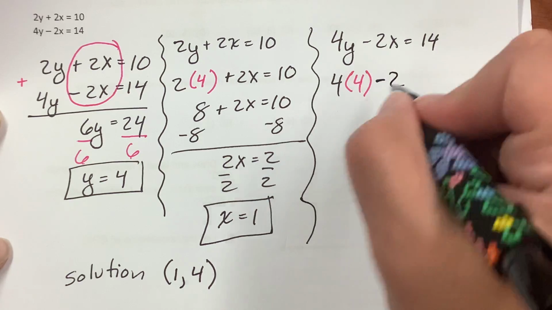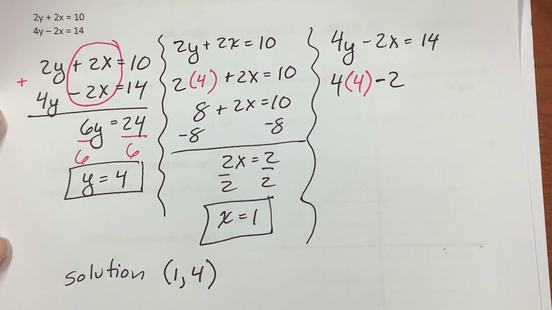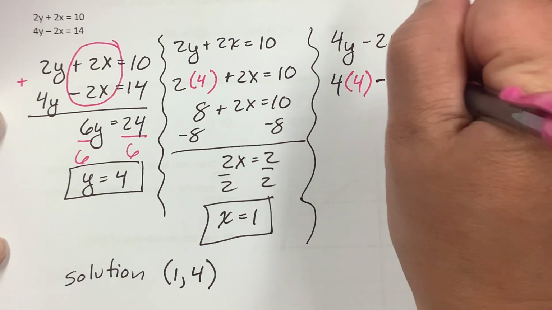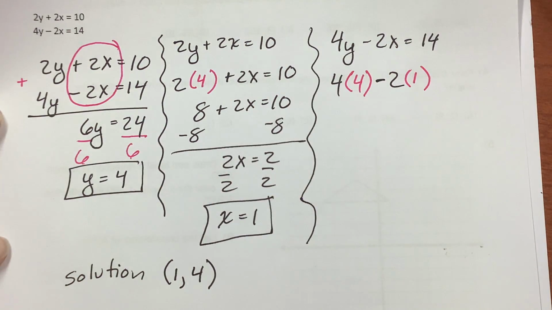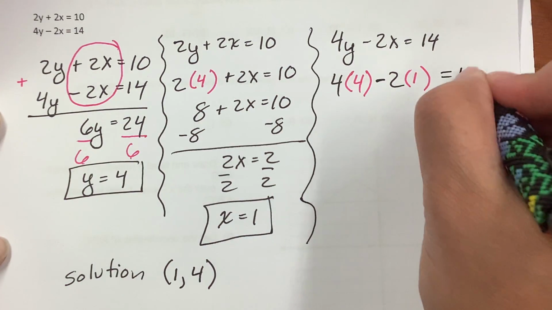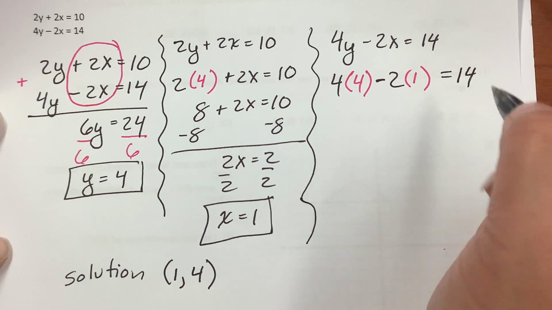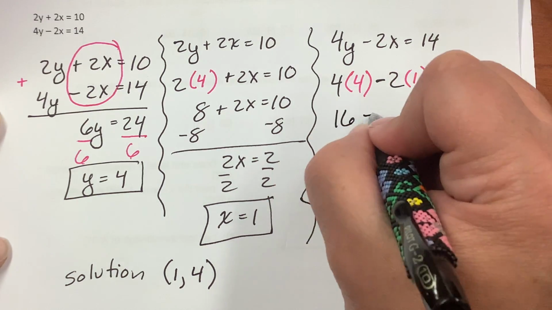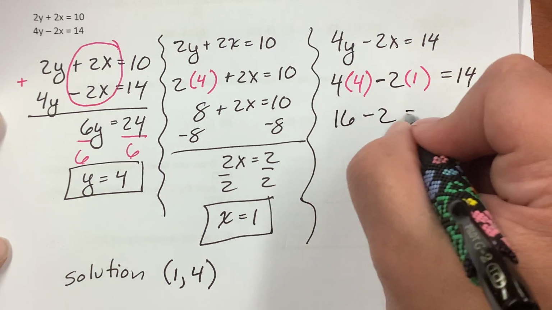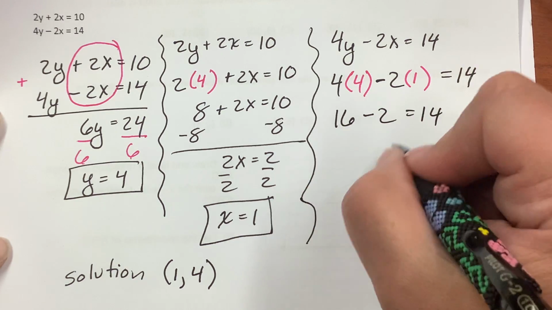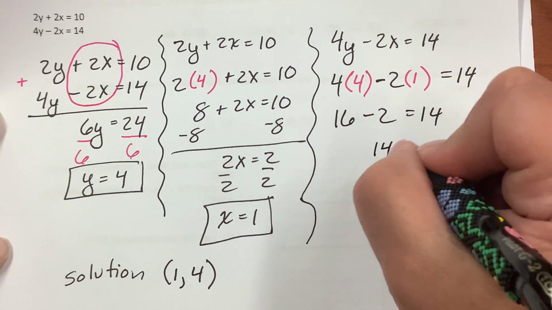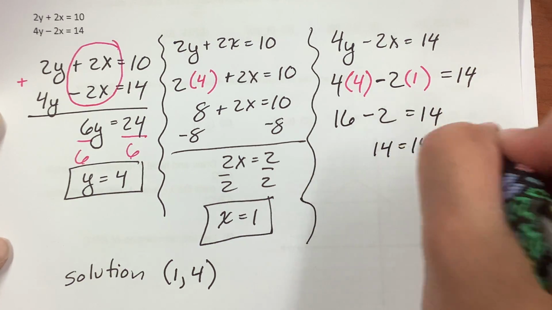Minus 2 times 1 equals 14. Let's see, 4 times 4 is 16, minus 2 times 1 is 2, equals 14. 16 minus 2, 14 equals 14, and that checks.